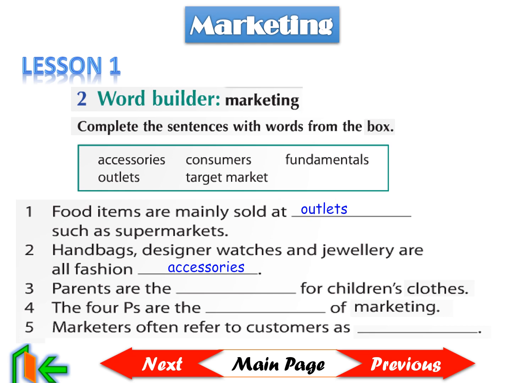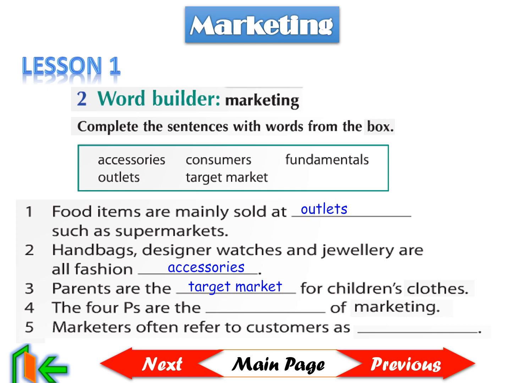Number 3: parents are the blank for children's clothes. Parents are a group of people to whom we try to market this. So what do we call a group of people to whom a company is trying to sell its products? It's the target market. Number 4: the 4 P's are the blank of marketing.